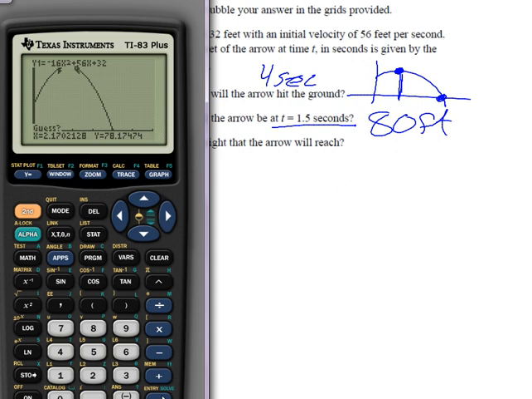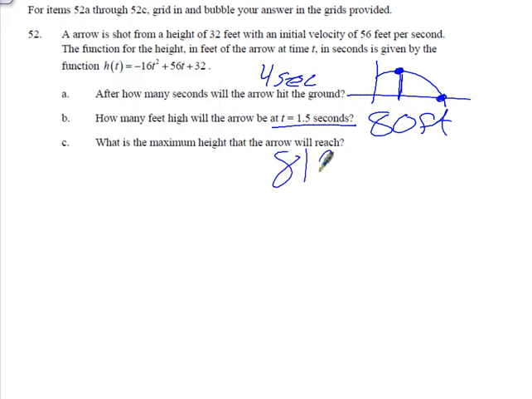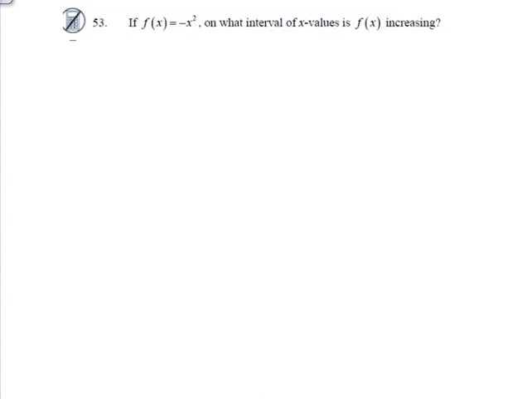Guess. And we see that the maximum height is 81 feet. So that would be the maximum height the arrow will reach. And that's it for 52.